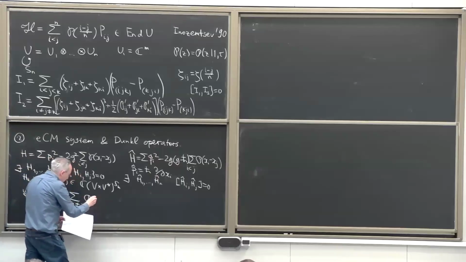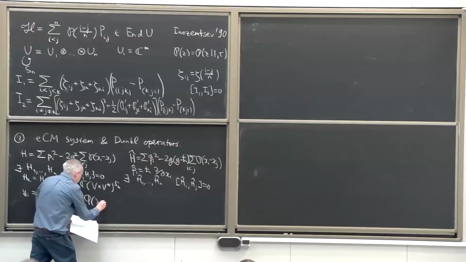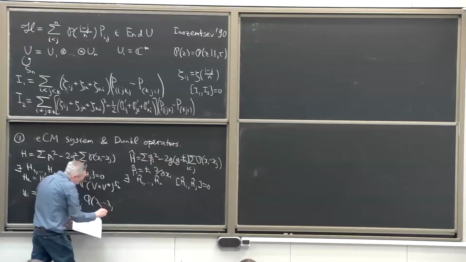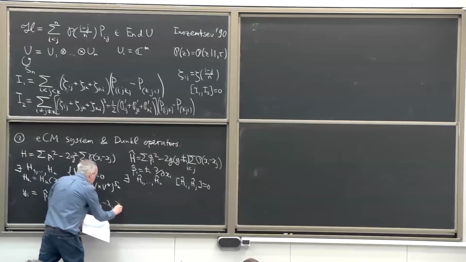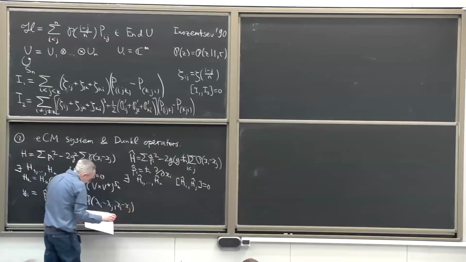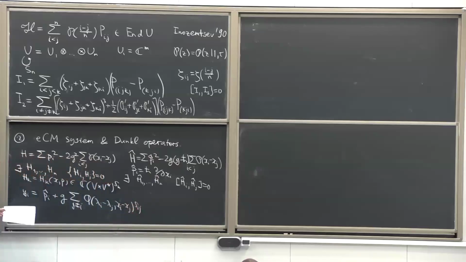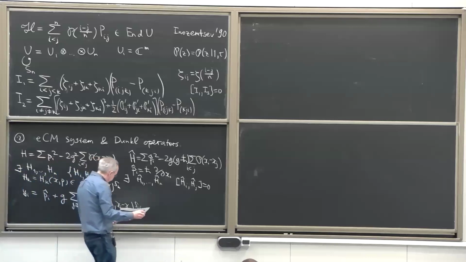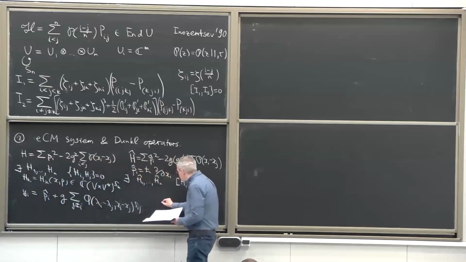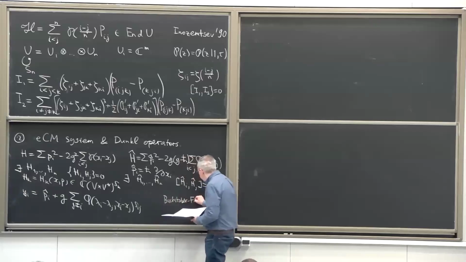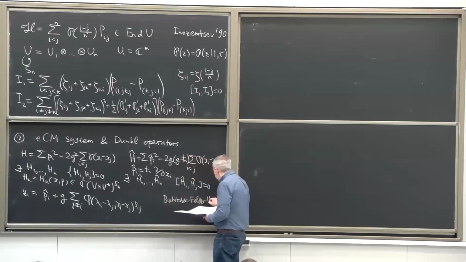That's the Kronecker function, which often appears in elliptic integrable systems. These were introduced by Buchstaber, Felder, and Veselov in 1994.